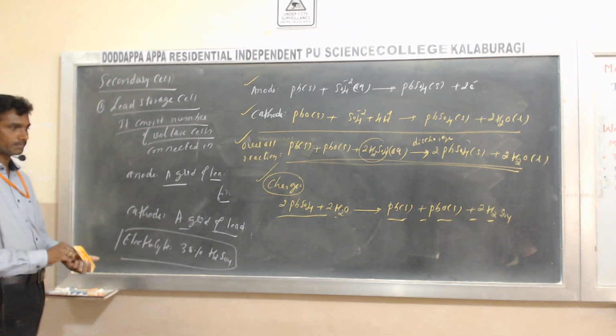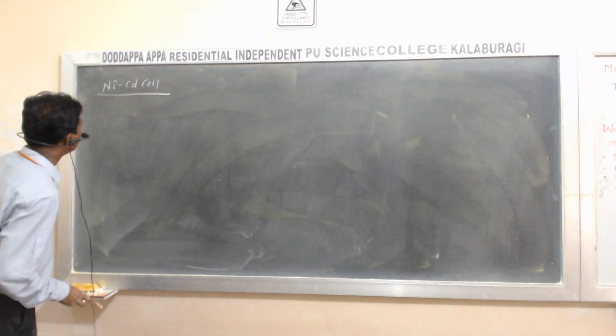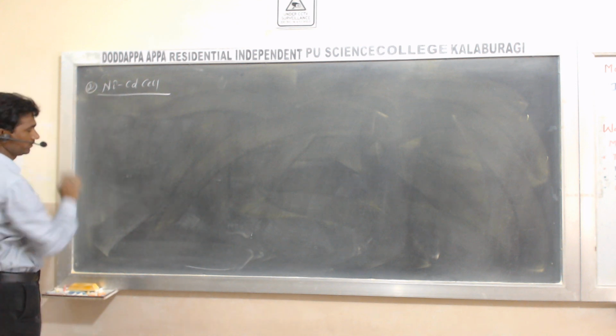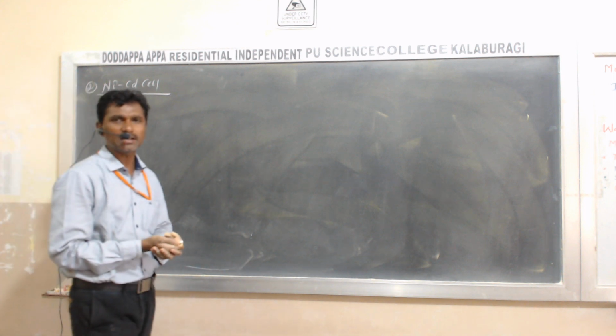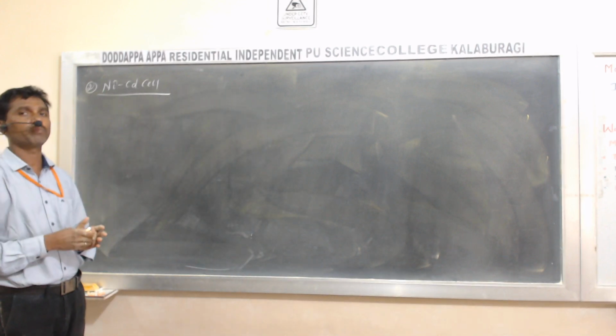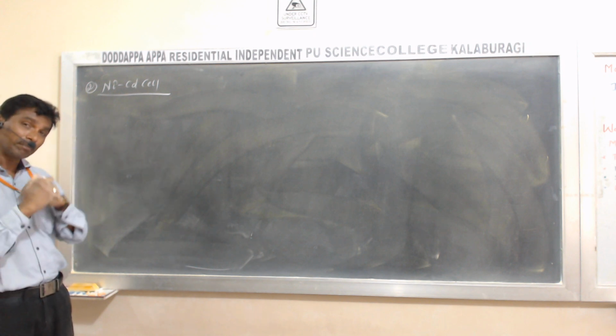Yes. Next, the second example of this secondary cell is the nickel cadmium cell. What is this nickel cadmium cell? Nickel cadmium cell is an example of a secondary cell, and it can be recharged.